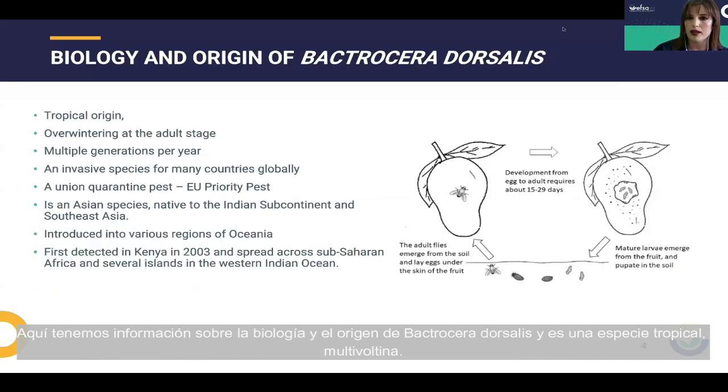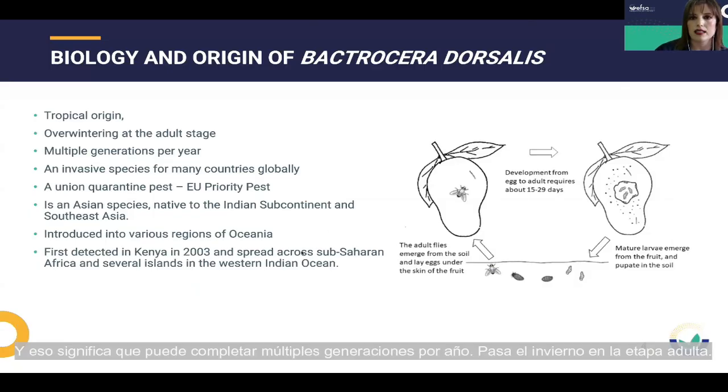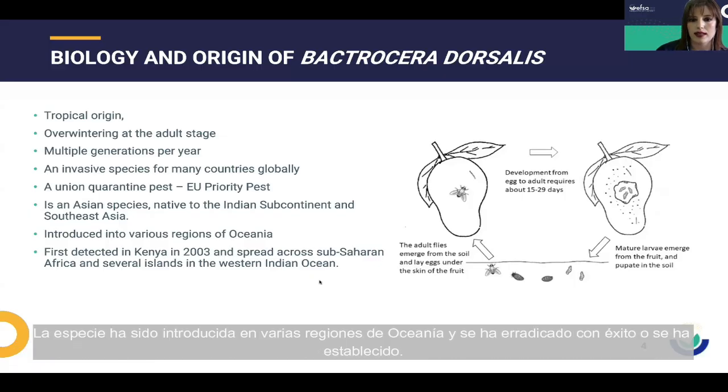Here we have some information regarding the biology and the origin of Bactrocera dorsalis. It is a tropical multivoltine species, and that means that it can complete multiple generations per year, and it overwinters at the adult stage. The species has been introduced into various regions of Oceania and has either been successfully eradicated or become established.